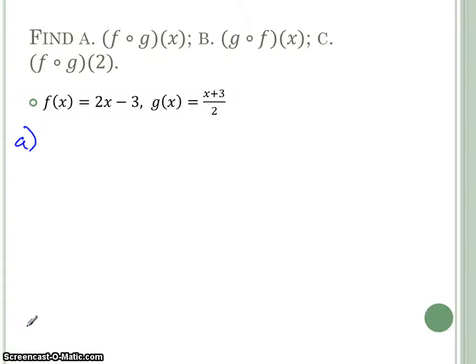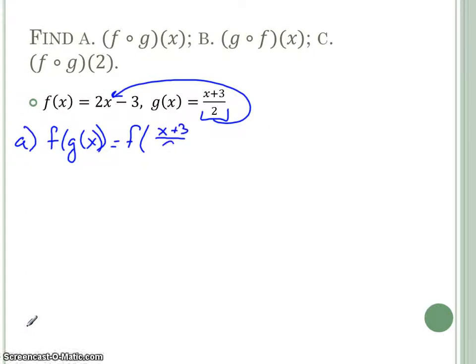Okay, so if we're first looking for f of g of x, we're going to take our delightful fraction here and substitute it in for x. So we're going to have 2 times x plus 3 over 2 minus 3.